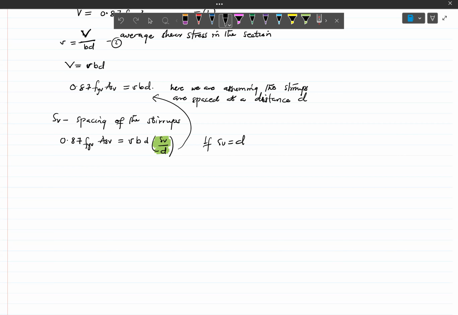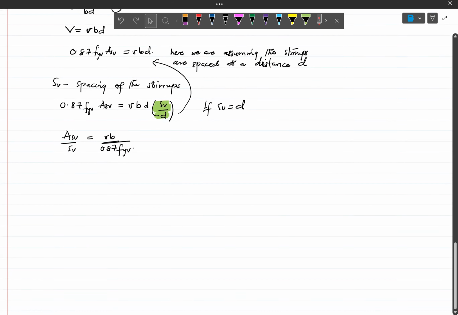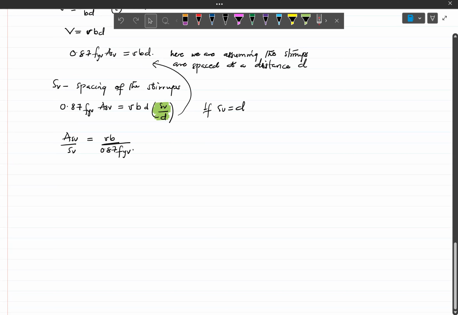So we can do some bit of rearrangement again. So let's find a ratio of the area of the stirrups to the spacing, and that will give us vb over 0.87 FYV. Okay. But then at some point we mentioned that the concrete in itself has some shear capacity.